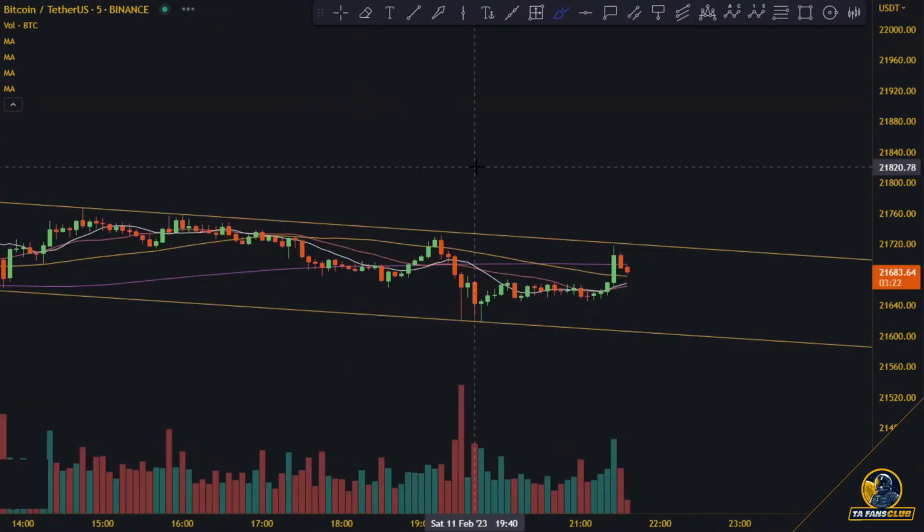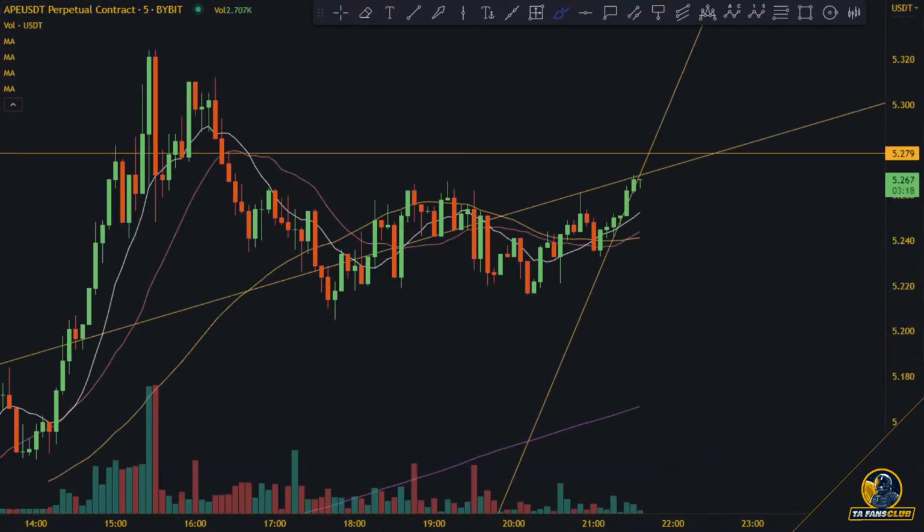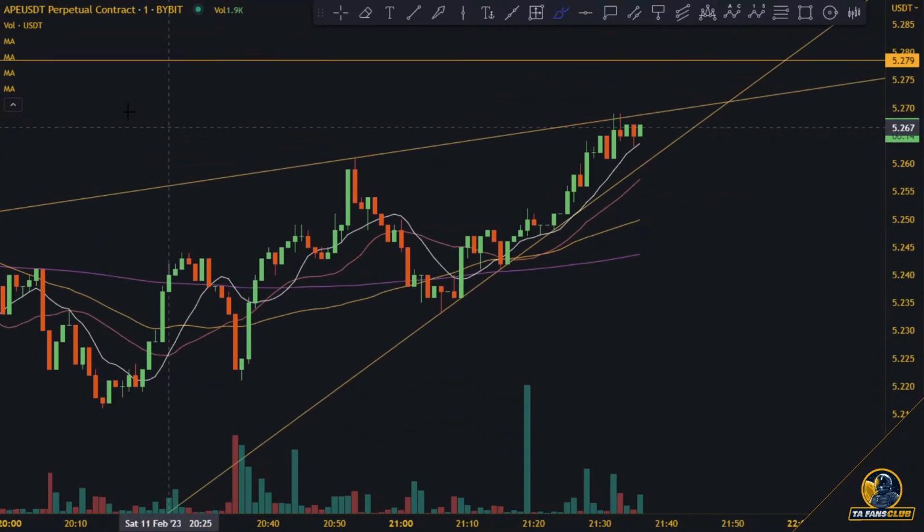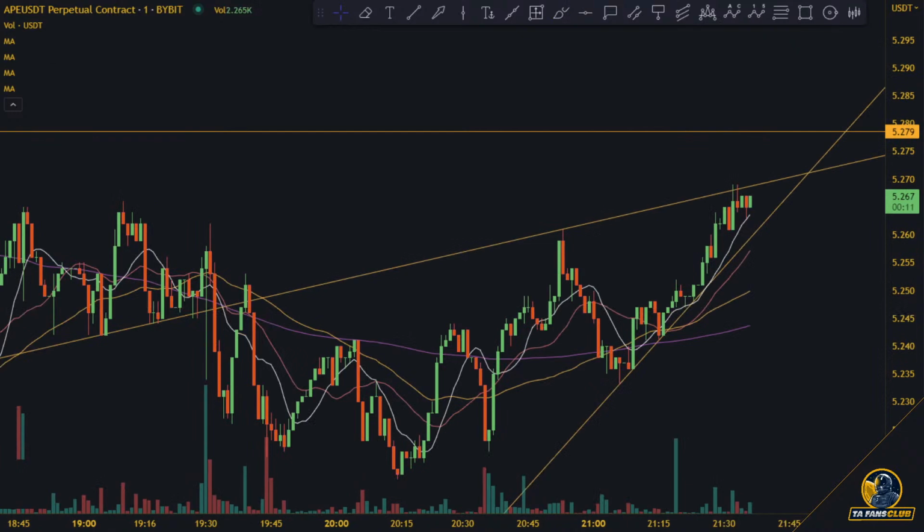This might be just the first pullback or whatnot. I'm seeing altcoins up 1 point something, 1.123% up.